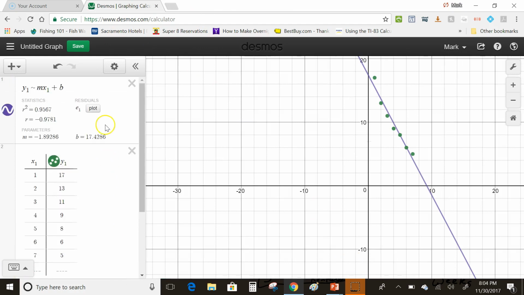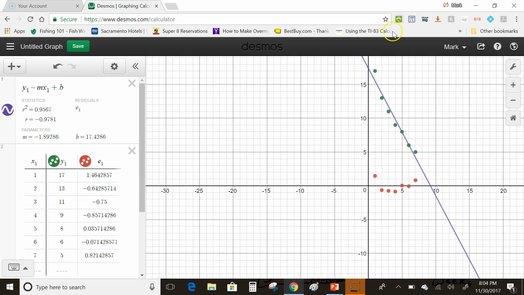One other thing I wanted to show here is this thing called residuals. If you hit plot, notice it adds a whole column here, but over on your graph, it shows you how far away your points are from the trend line. So like this point right here, that is up here, that point it's saying is just over 1 unit above the trend line.